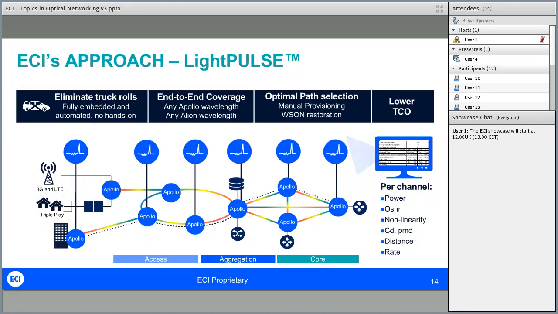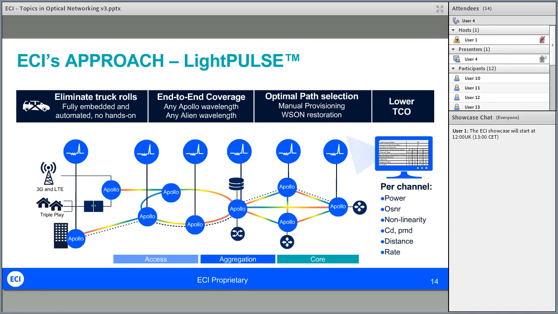So when you put together the various needs that you have to do optical monitoring, and the challenges in terms of having expertise, having to dispatch people, and having to make measurements in more complex environments, the solution that we're bringing to the table at ECI is something that we call LightPULSE.